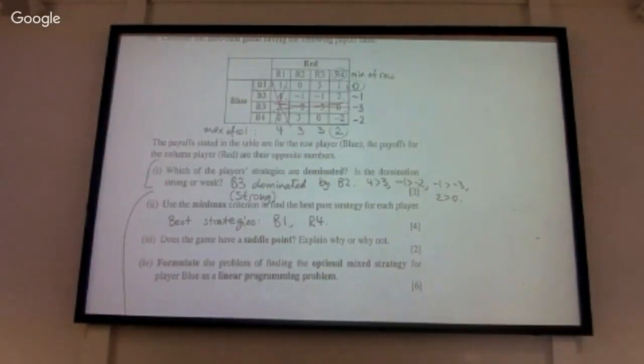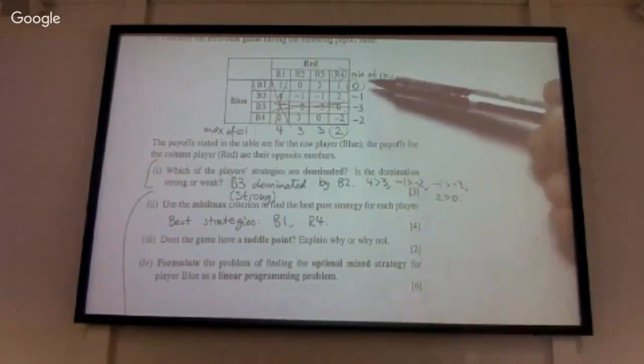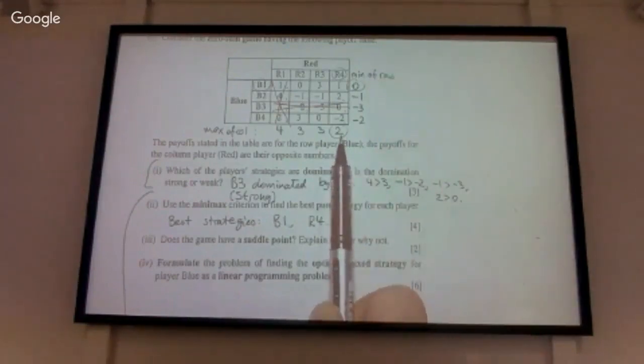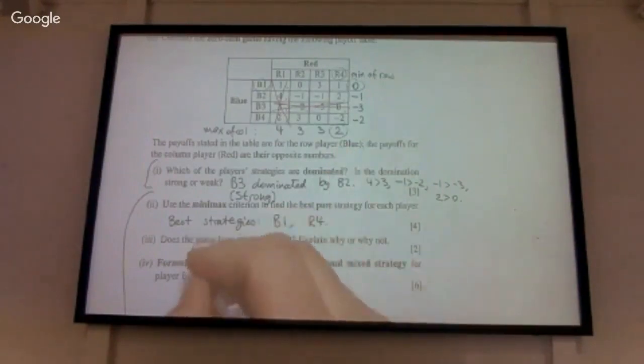Question 3, does the game have a saddle point? No. Why not? Because the 0 is not 2. Yes, that's correct. The maximum of the minima is not equal to the minimum of the maxima.